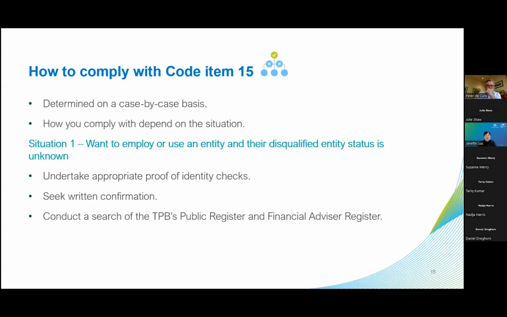So the next situation is where you are already employing or using an entity and you know that they are not a disqualified entity. So in this scenario, what you need to do is to make sure you've got a written contract in place that ensures that that entity notifies you if they trigger one of the disqualified entity limbs, and that again you're able to cease your engagement with them immediately.